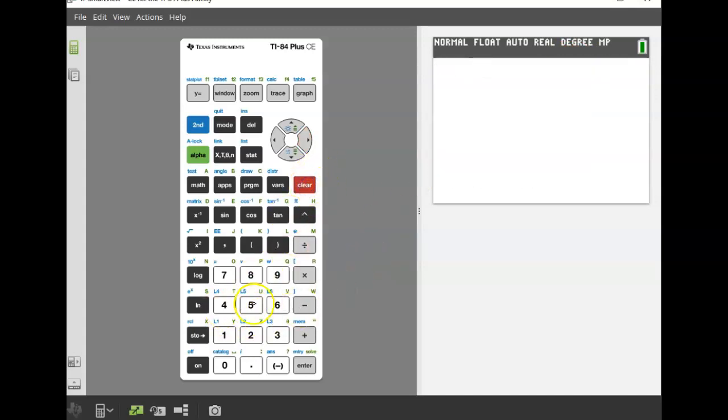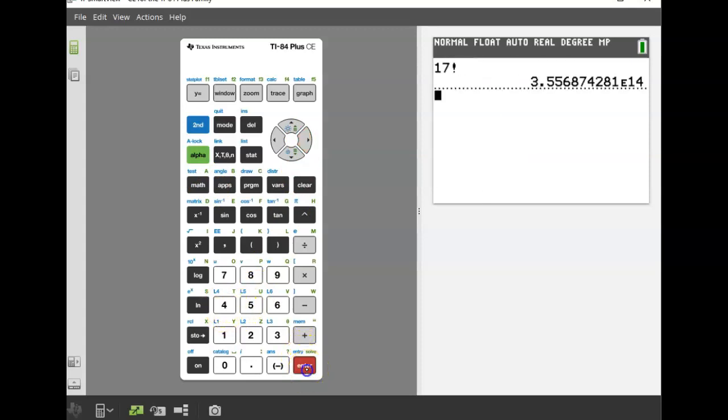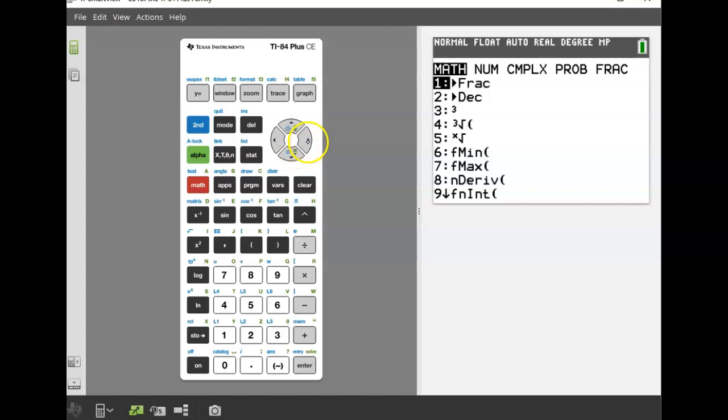So I put 17 and then math and over to probability. It put it in scientific notation because it's too big of a number. If we tried like 50 factorial, I think we'd just get an overflow error.